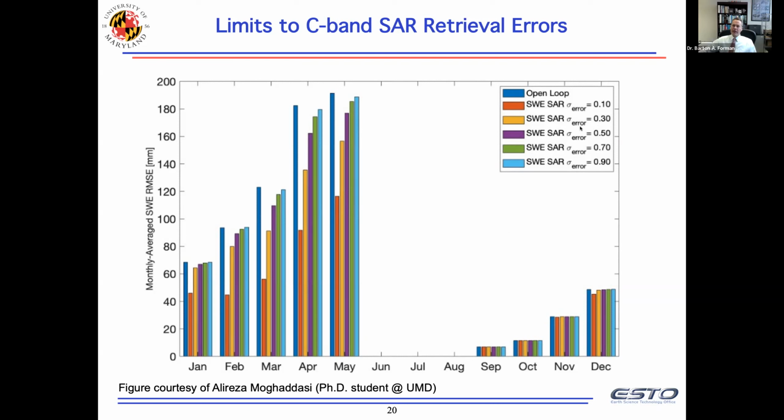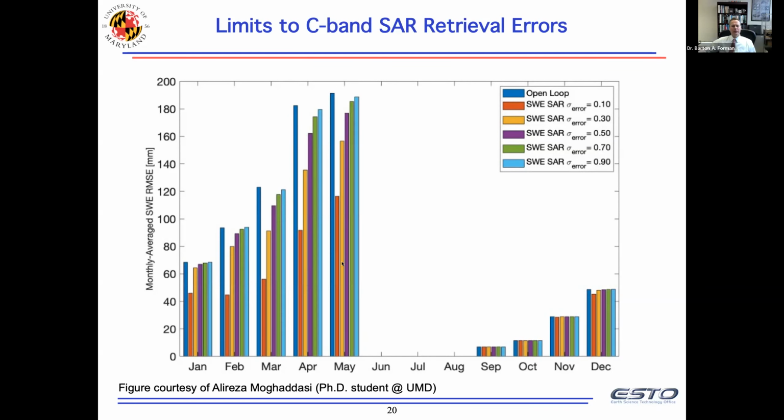In this particular scenario, we're assuming multiplicative retrieval errors, larger errors in deep snow. We do that for a variety of reasons. I personally think the errors are somewhere around 0.4, but we don't know what they are. So we run a large range, very high accuracy, very low accuracy, and we feel confident that we can bound reality. Reality is somewhere in here. I think it's about here, but we know we've captured it.